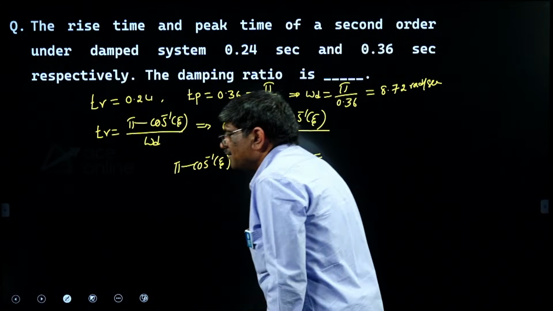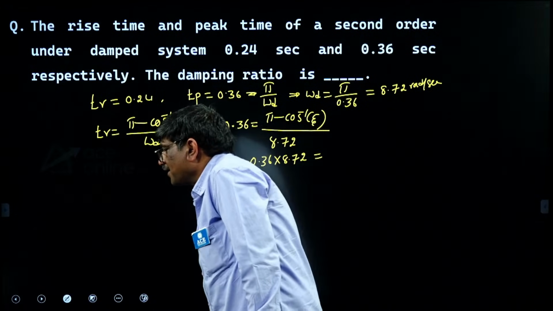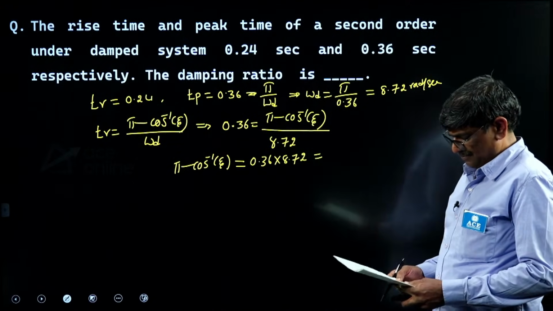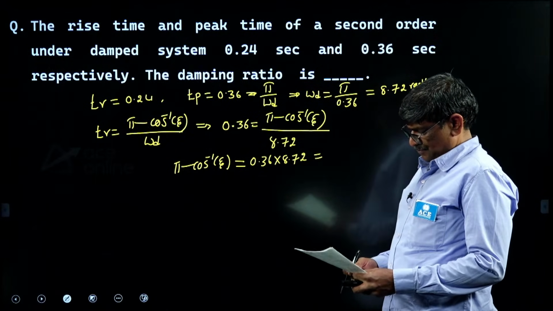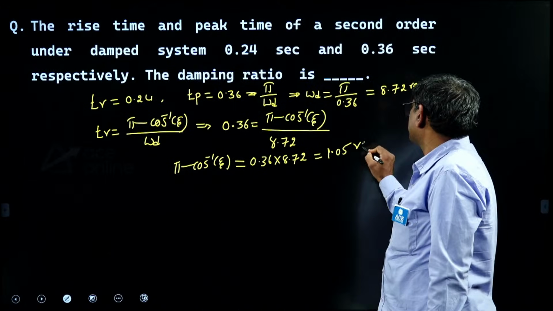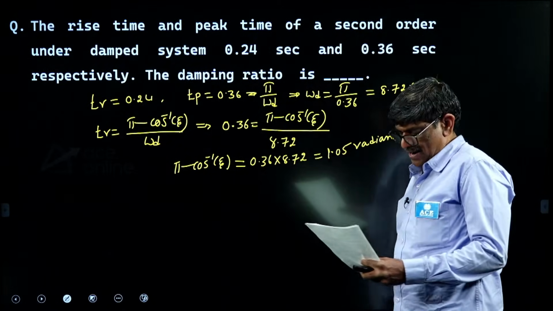What is the answer? Approximately 1.05 radians. Now what is zeta?